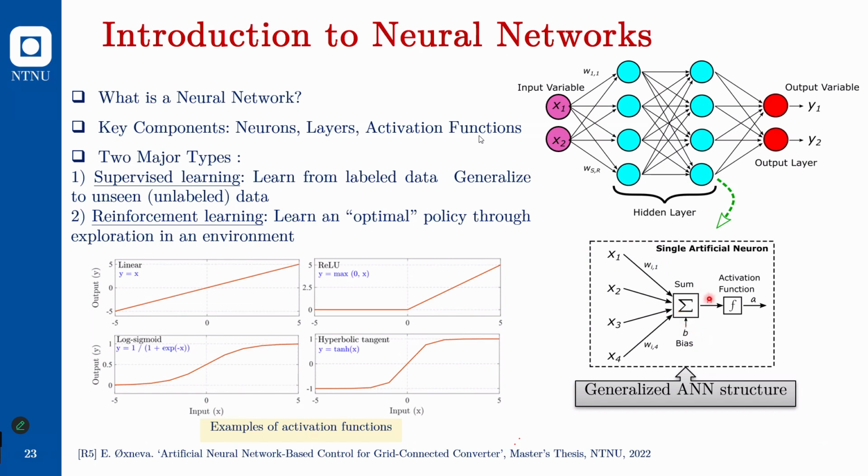Then we process the final outcome through an activation function. In the power electronics control domain, the linear activation function and the hyperbolic tangent are the two major types used for the supervised learning feed forward type. So we are going to use it here and then repeat the same procedure at the output layer, and then ultimately you will get the predicted output.